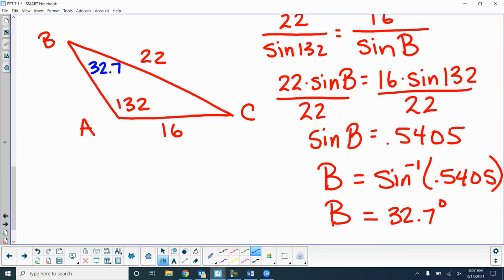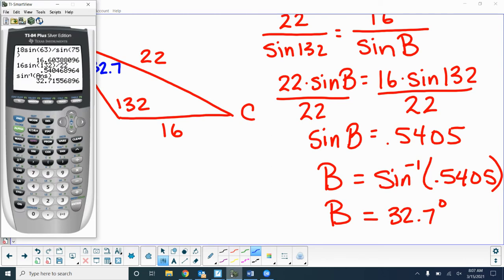Sometimes at this point it'll say error in your calculator, and then you'll just write no triangle, because we had that side side angle situation: two sides and an angle that's not between them, not side angle side, but side side angle. This is that ambiguous case where you have three possibilities. So we do have one.